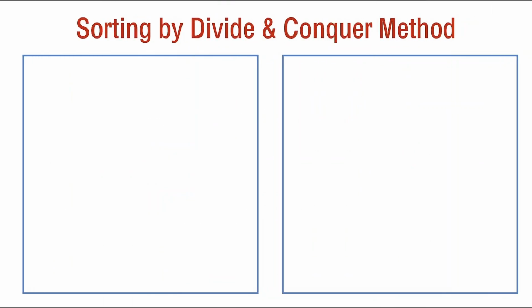So the sorting by the divide and conquer method, the general sort routine of a list L, the generic sort routine based on our method is: if the size of L is 1 or 0, then we return L. Otherwise, we have our decomposition step.